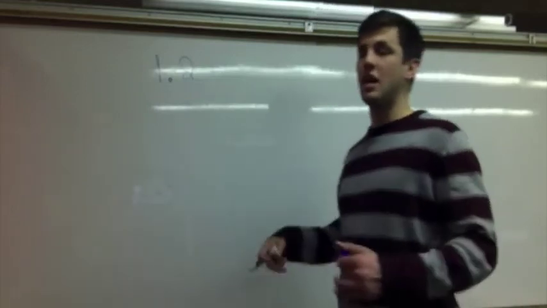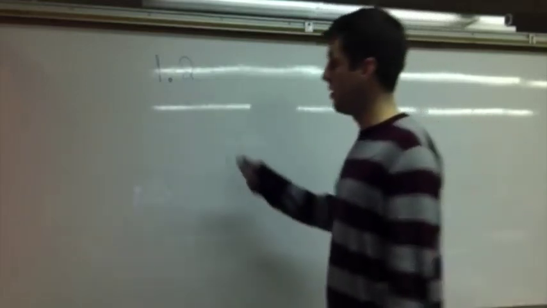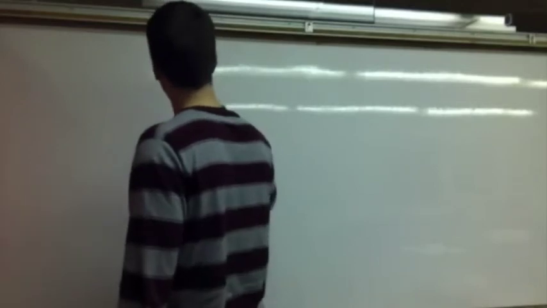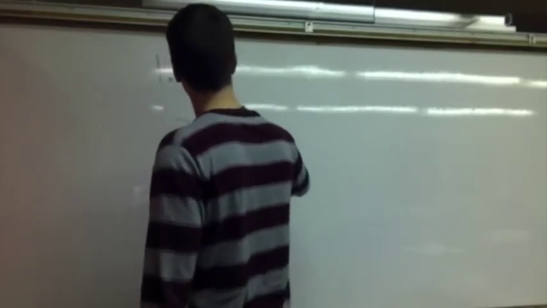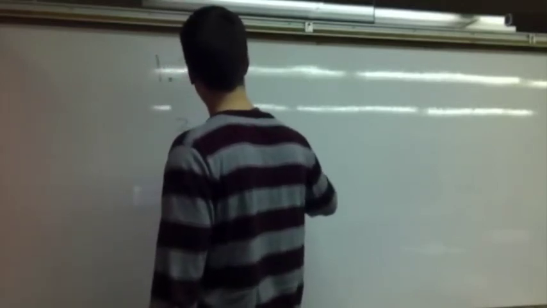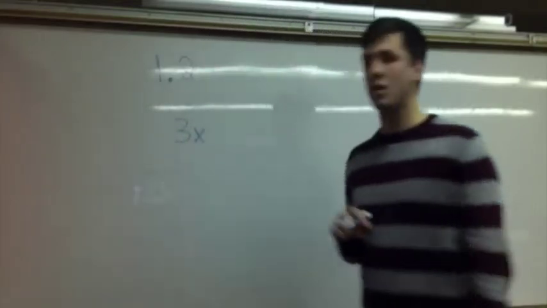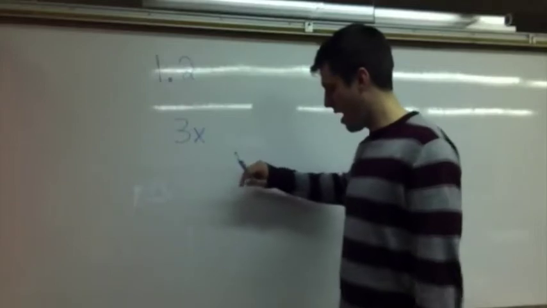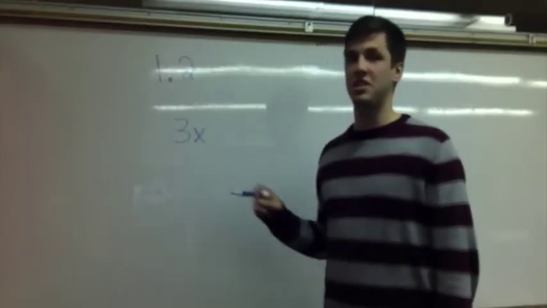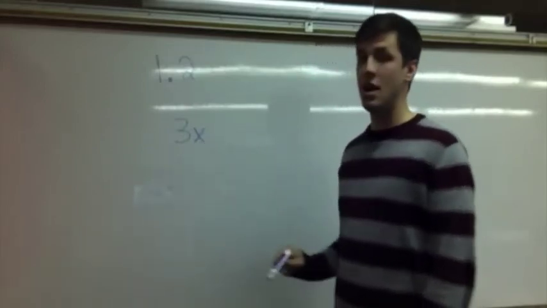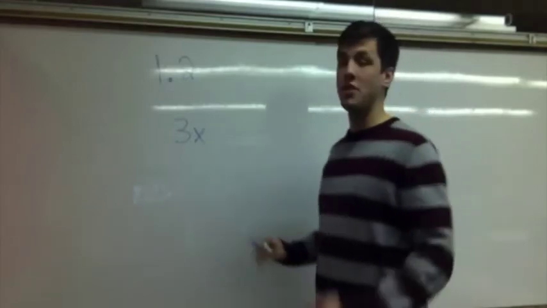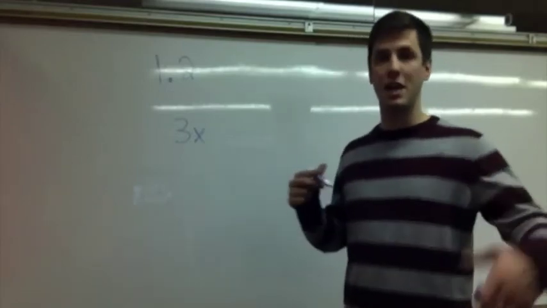So let's do an example problem which you might have to deal with. Here we have a mathematical expression, 3 times x. And I want you to know that there are multiple ways of saying you multiply two things.